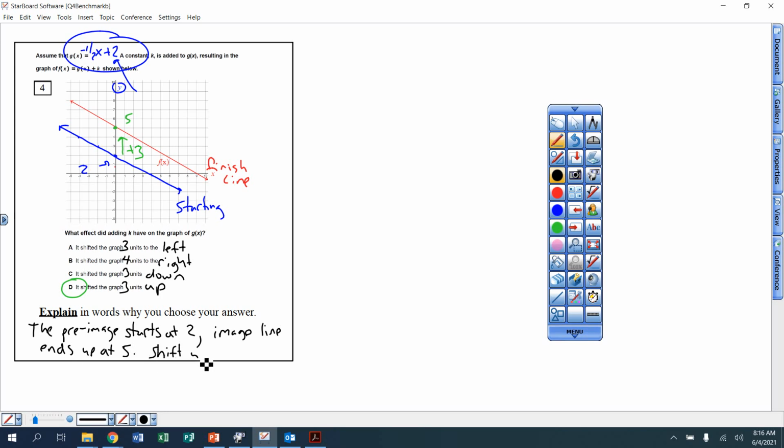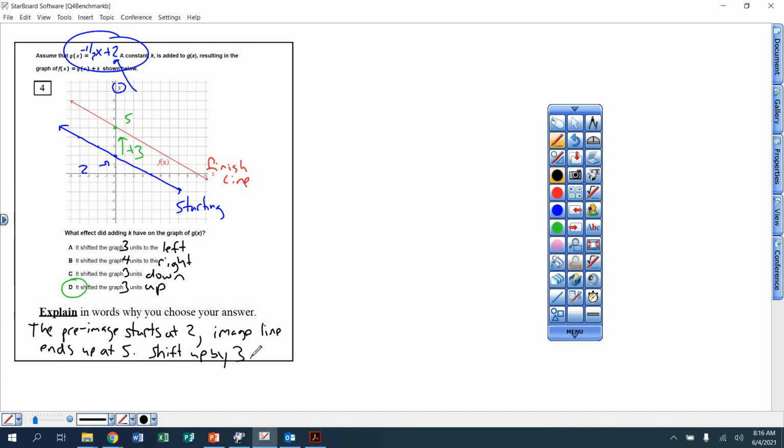Shift up by 3. That's something maybe you could write. Knowing that the starting one, that one I give you, g of x, that's the pre-image where it's all starting. The red one, f of x, that's the image after the move.